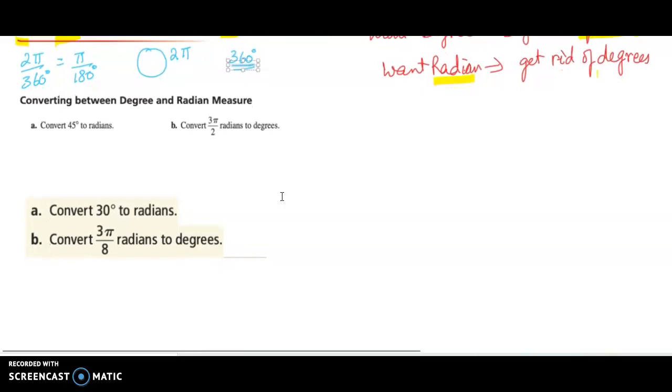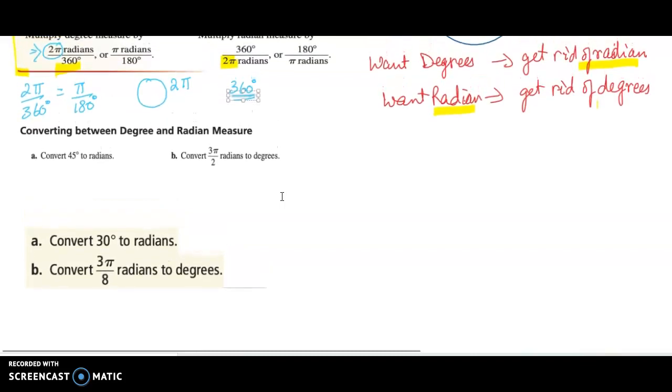Okay, let's move a little bit down. Let's take A. Converting degrees and radian measures. The first one, they want us to convert 45 degrees to radians. So here my want is radian. When the want is radian, then get rid of degree. I can say 45 degrees, I want radians, right?